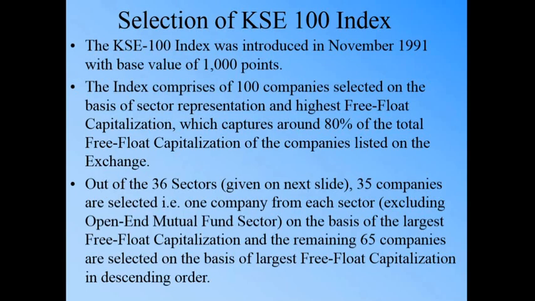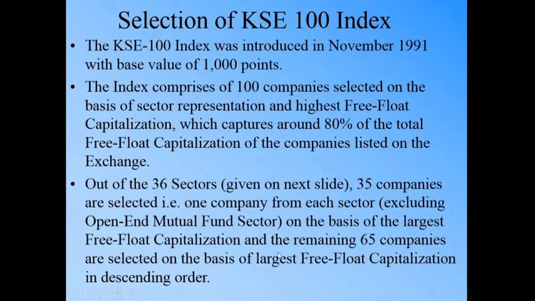But out of those 36 sectors, we exclude one sector, that is the open-ended mutual fund. We exclude this one sector, and 35 companies are selected, one company from each of the remaining sectors, on the basis of the largest free float capitalization.